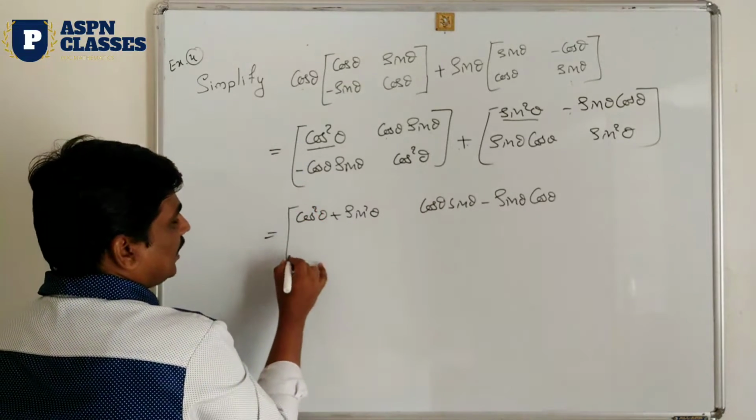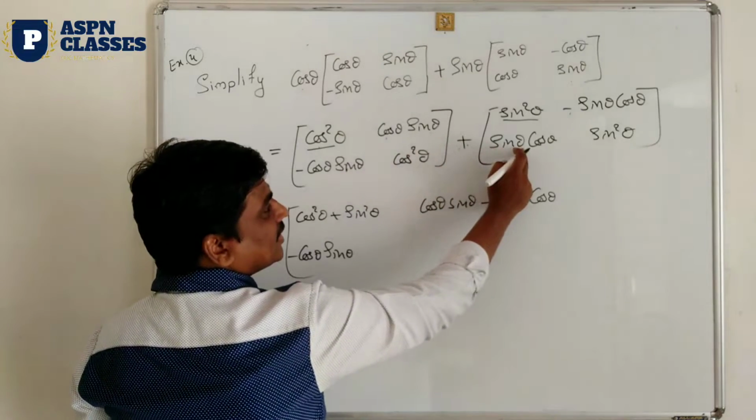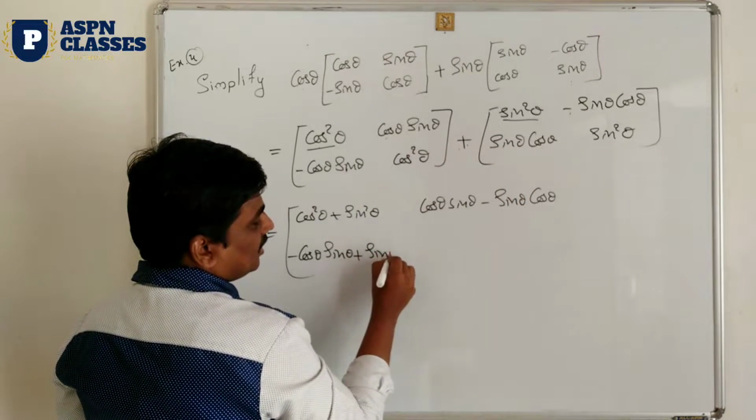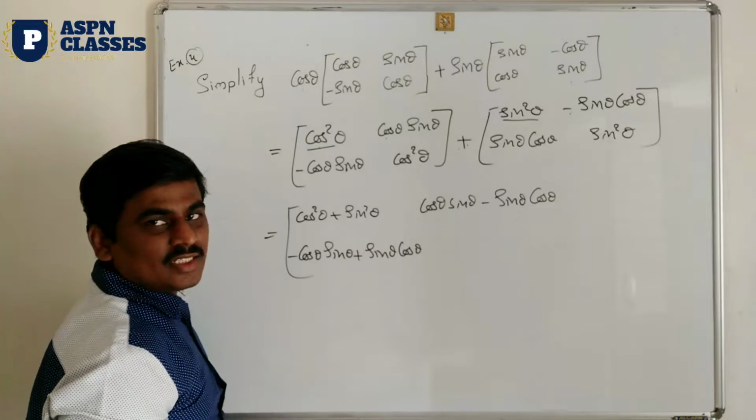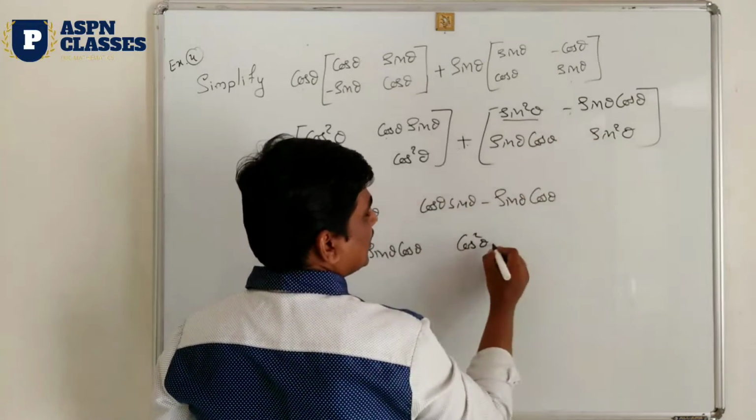And again here, minus cos theta sin theta plus sin theta cos theta, correct? Then the last entry is cos square theta plus sin square theta.